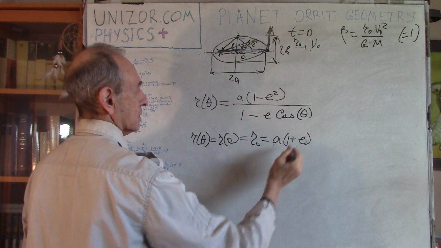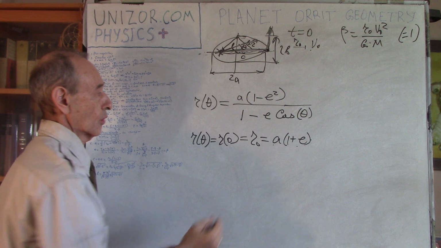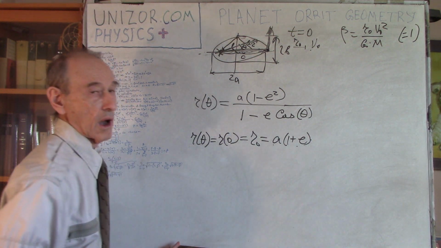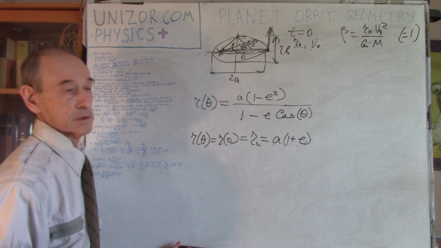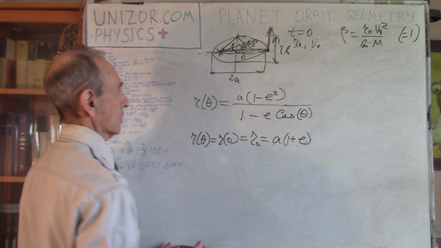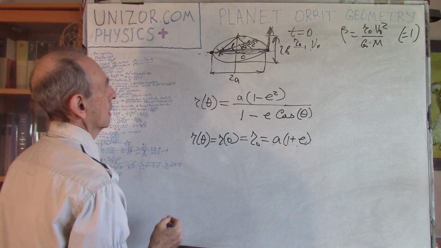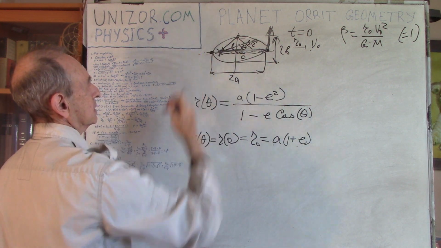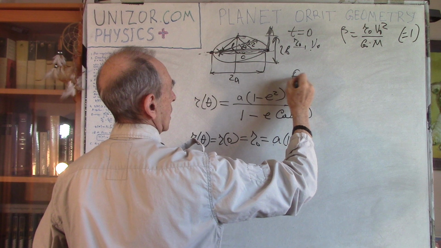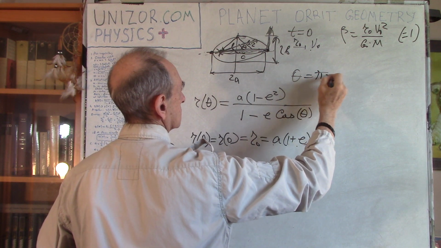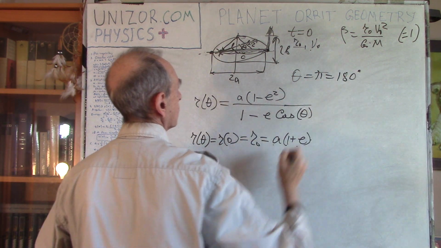Okay. But we have two different unknowns, a and e, and only one known, r0. We cannot solve it. We need more. Okay. Well, let's put my point here. So angle theta would be equal to pi, 180 degrees. So what happens?